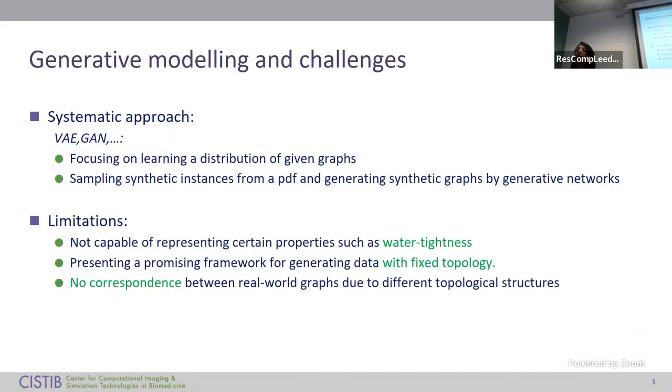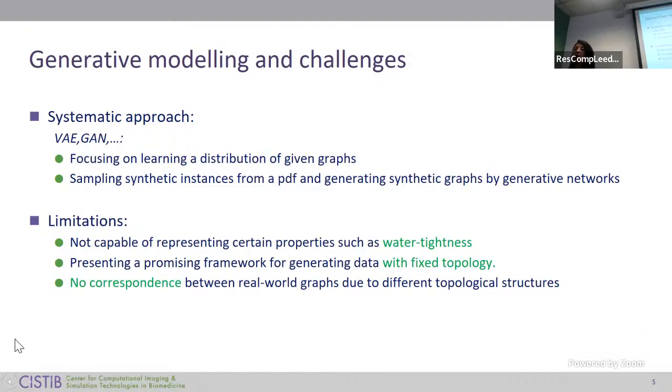Another topic here is shape generation modeling, or generative modeling in general. The systematic approach behind generative modeling is learning and estimating a probability distribution function and then sampling from that estimated PDF to generate the synthetic data. But there are limitations in generative modeling. First of all, traditional generative models are not able to represent certain properties like watertightness, especially for organ anatomy.